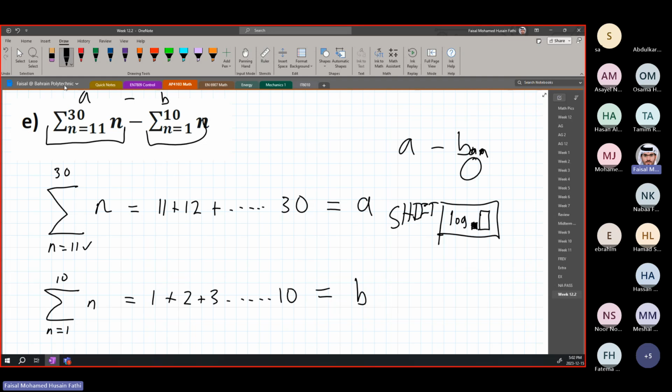This is equal to 410. Going to do the exact same thing again, but from 1 to 10. It's going to give you 55. So it's 410 minus 55, and that's your final answer, which is 355.